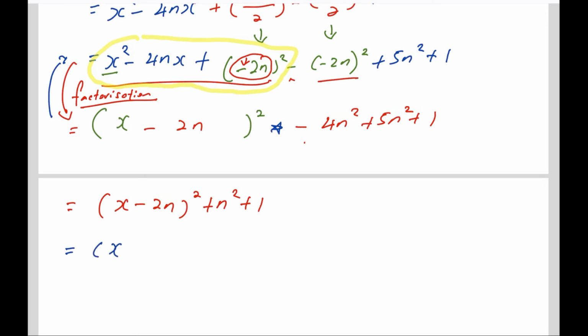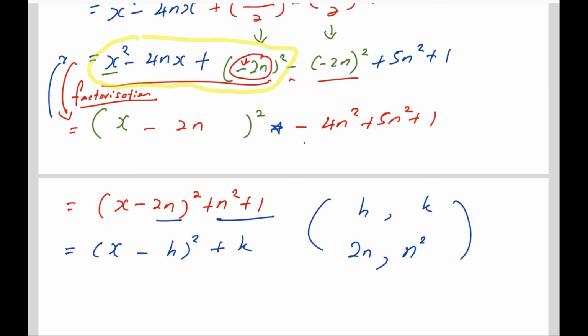Because we want to compare and see which one is the h and which one is the k, because h and k tell us the coordinates of the minimum point. h is 2n, so you put 2n here, and k is n squared plus 1. So this is your minimum point in terms of n: 2n and n squared plus 1.